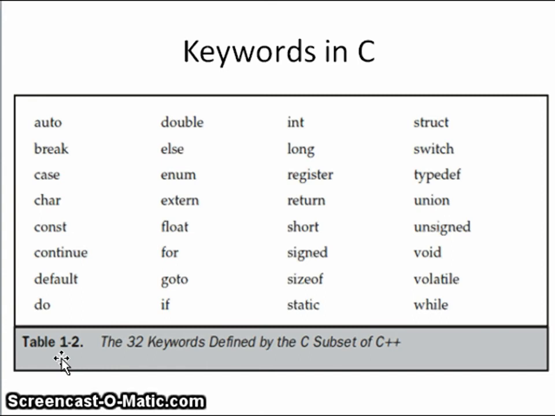I expect that you can follow by reading the book, or you can simply go and see the description of each of these keywords, and it will probably be easy if you see the description of auto, break, case, character, constant, continue, default, do, one by one.